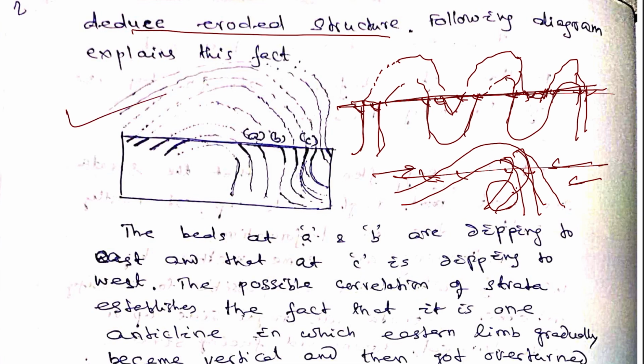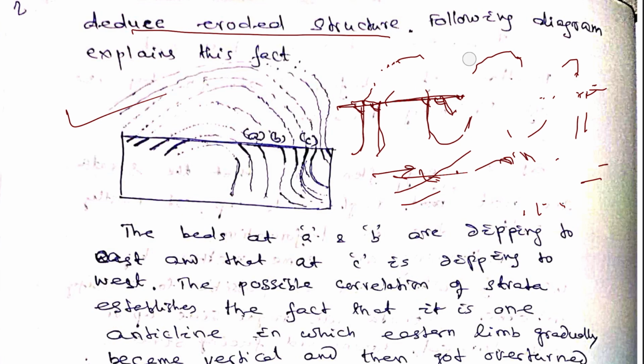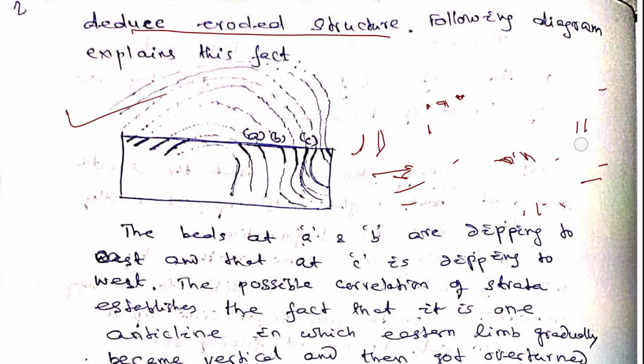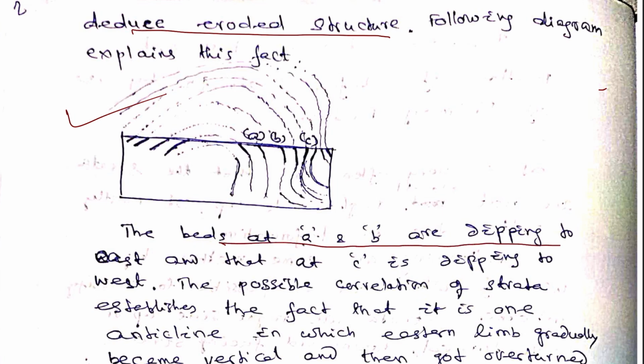So this picture is useful to say how the dip of beds is useful to deduce the major structure. At A and B we see that beds are dipping towards east, this side.